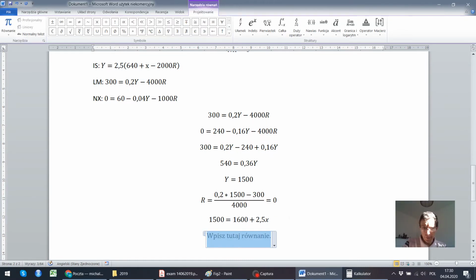And now we can easily compute that x, small x, is equal to minus 100 over 2.5, which is equal to minus 40.